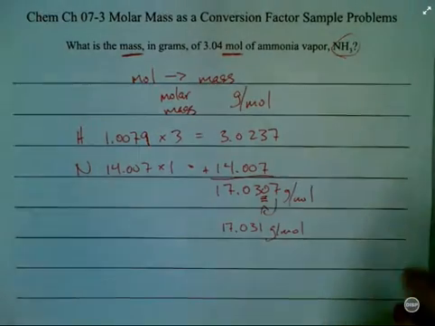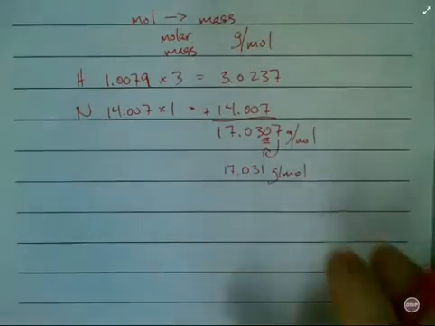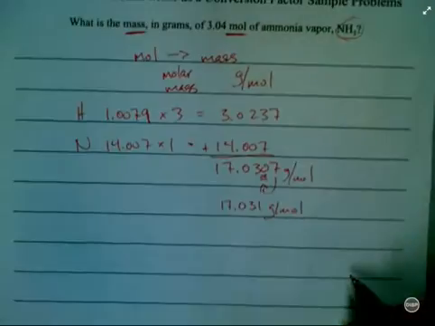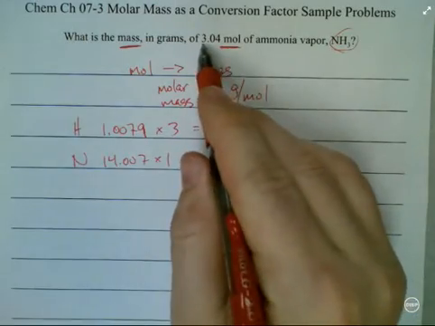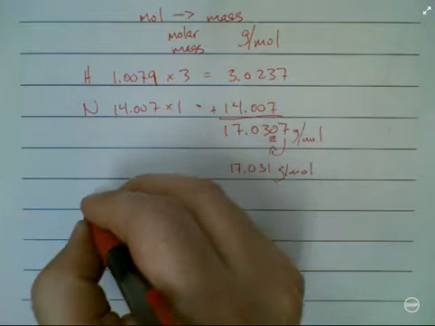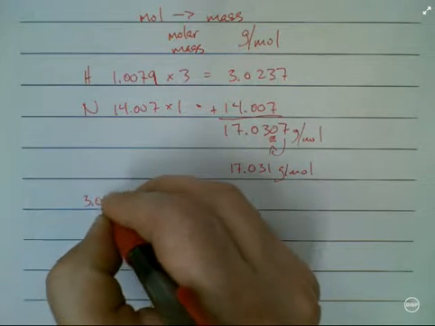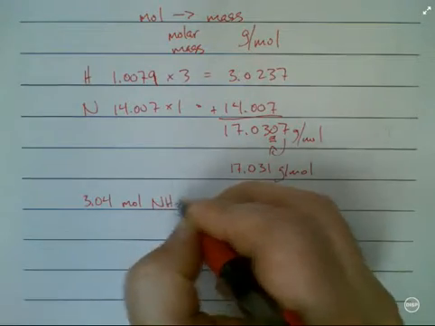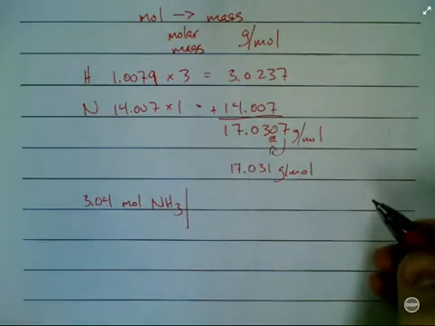So now I'm ready to start setting up my actual conversion. The problem has me start with 3.04 moles of ammonia. So I go 3.04 moles NH3. Set up my conversion factor.